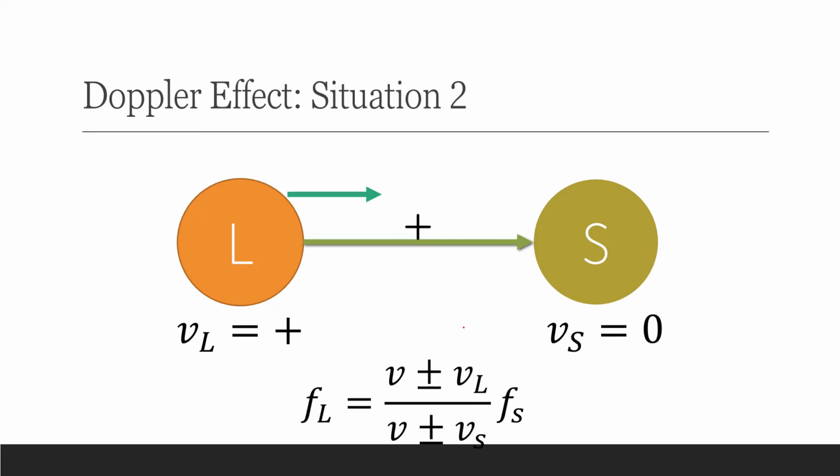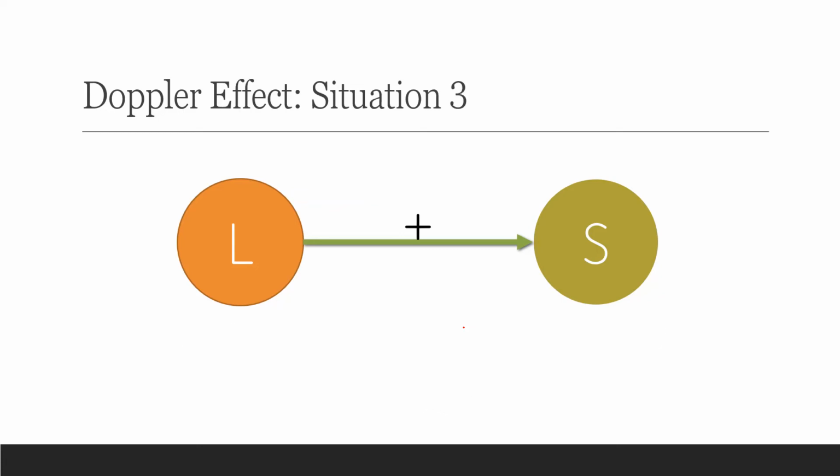Situation 2: when L is moving towards the source, then VL is positive. When the source is not moving, then VS is equal to 0. So the frequency heard by the listener becomes this equation here. We will use plus VL when the listener is moving towards the source. Situation 3: when the listener is moving away from the source, then VL is a negative number.